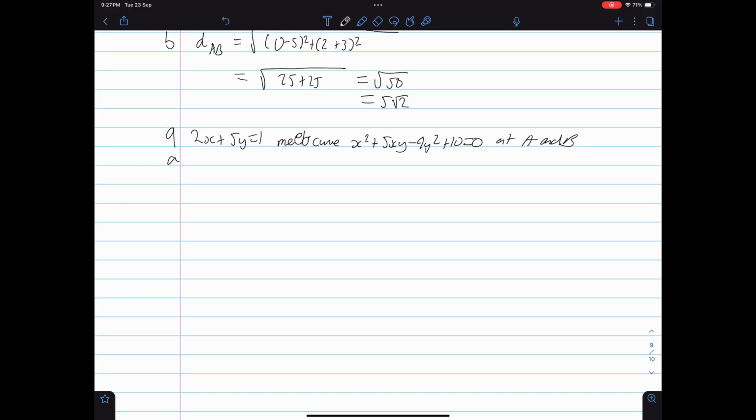So, okay, let's rearrange this. Two x equals minus 5y plus 1. X equals minus 5 over 2 y plus a half.